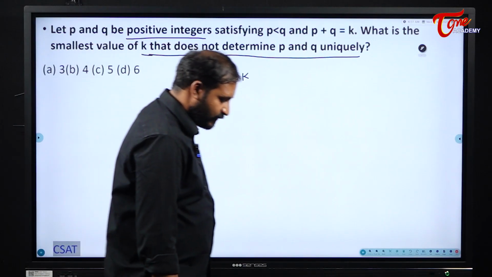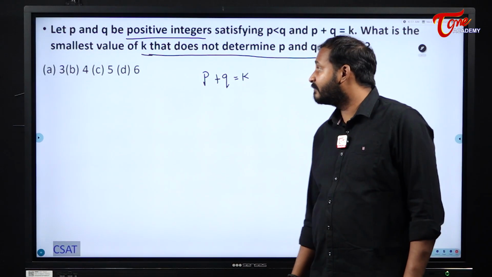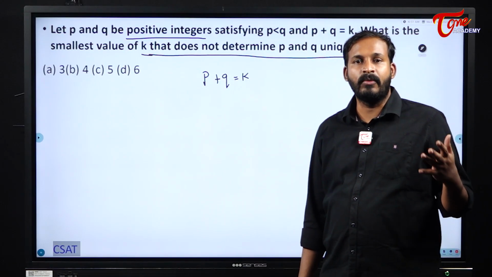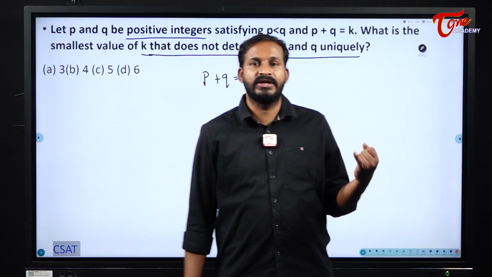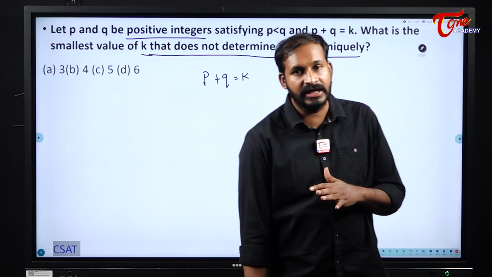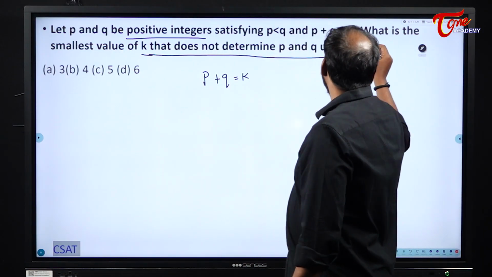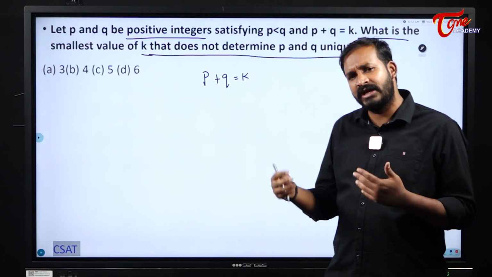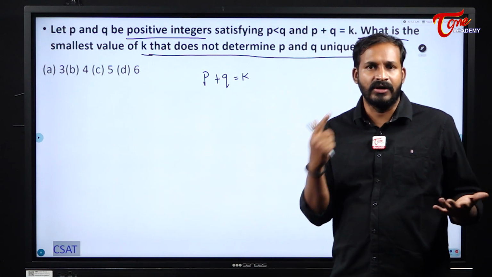Positive integers means we can take values 1, 2, 3, 4, 5, 6. 0 is not a positive integer. Remember this carefully; you should not take 0 at all in that case. What is the smallest value of K? If we are adding two positive integers, my K value also will become a positive integer, obviously.